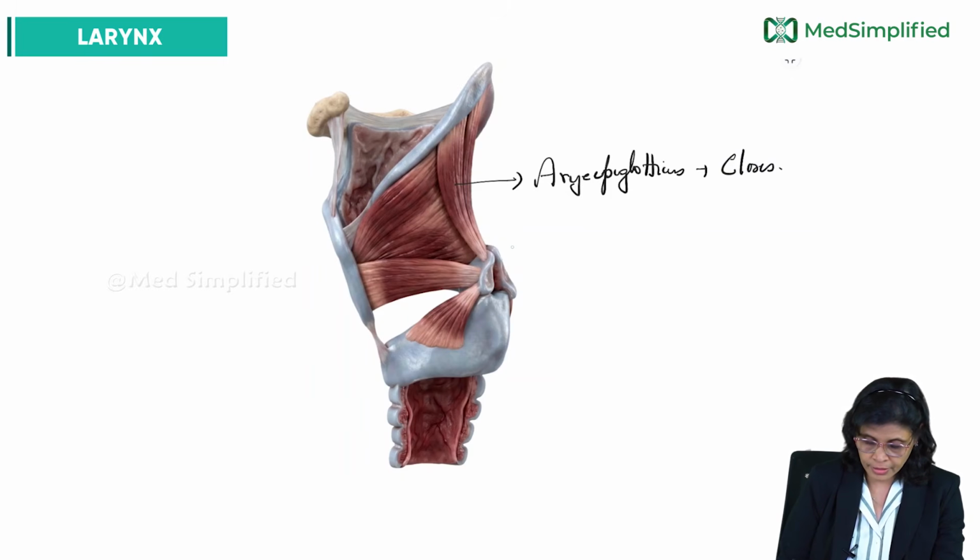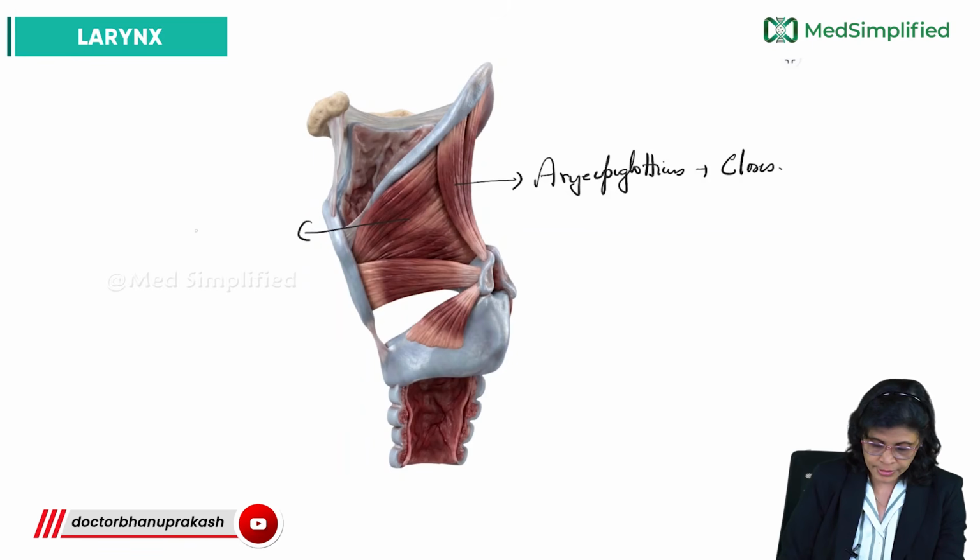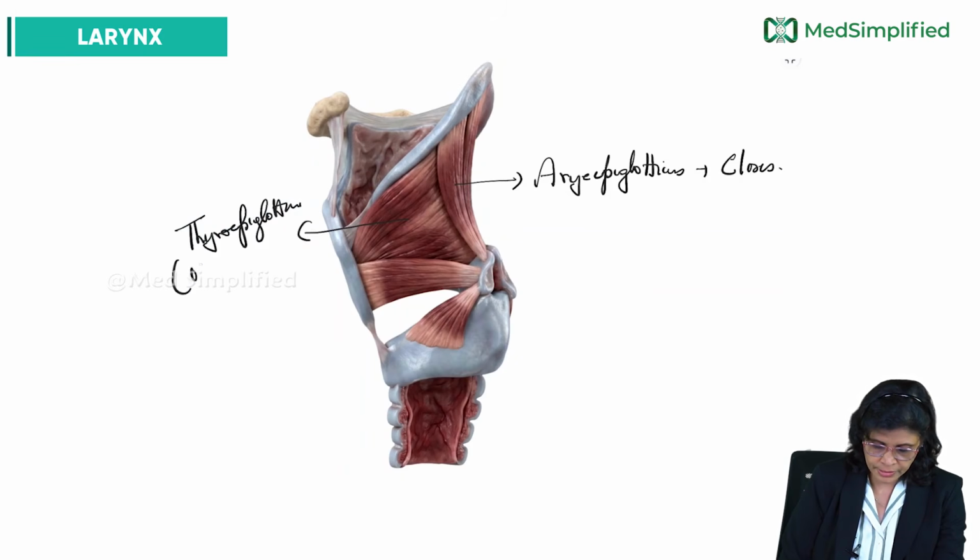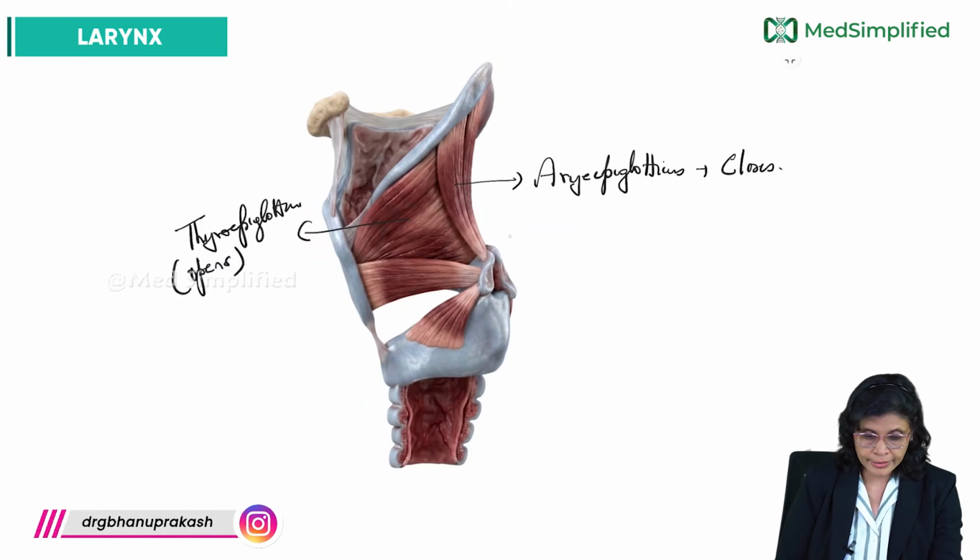Then we have the thyroepiglotticus here. It opens the larynx, it's the opener. And then from the thyroid cartilage to the arytenoid, this is the thyroarytenoid muscle.